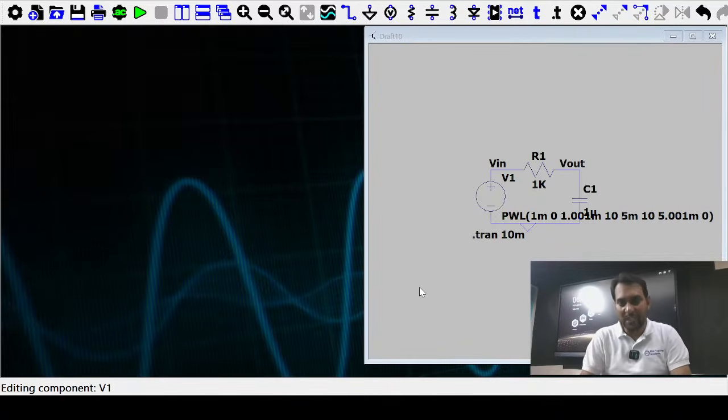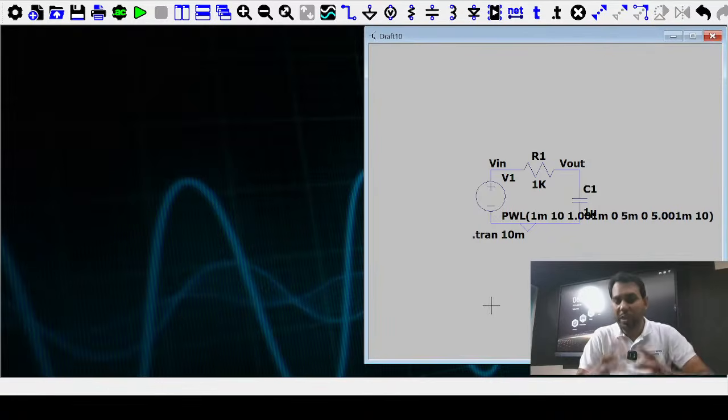So just analyze it first, intuitively. The input voltage previously is 10 volts, so the capacitor will charge to a maximum of 10 volt, Vout is 10. Then after 1 millisecond the input voltage is 0, so the capacitor will discharge through the resistance, with the time constant tau.